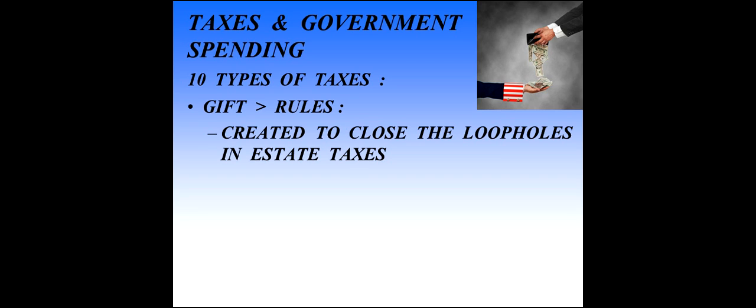So we have a close relationship here between gift taxes and estate taxes. One thing I can tell you for certain is that you can give gifts up to $10,000 in value a year tax-free. So as long as you keep it under that, you should be good to go.